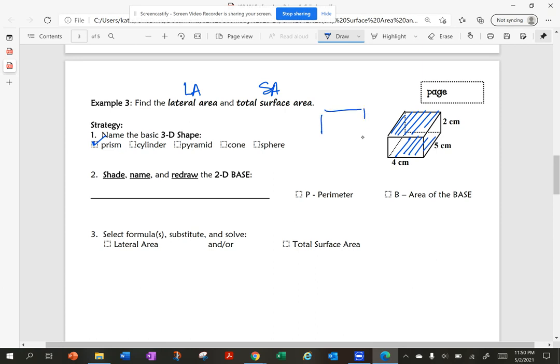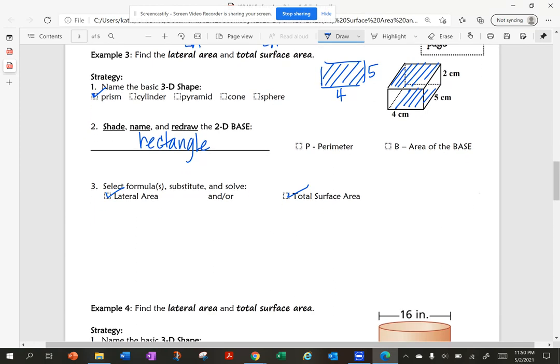So I'm going to redraw this. This is a rectangle. So this is 4 and 5. So I am solving for the lateral area and the total surface area.